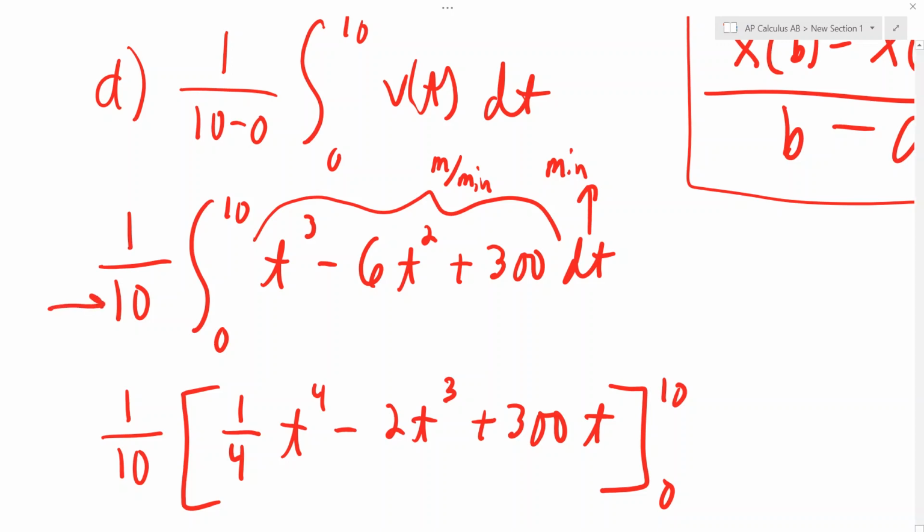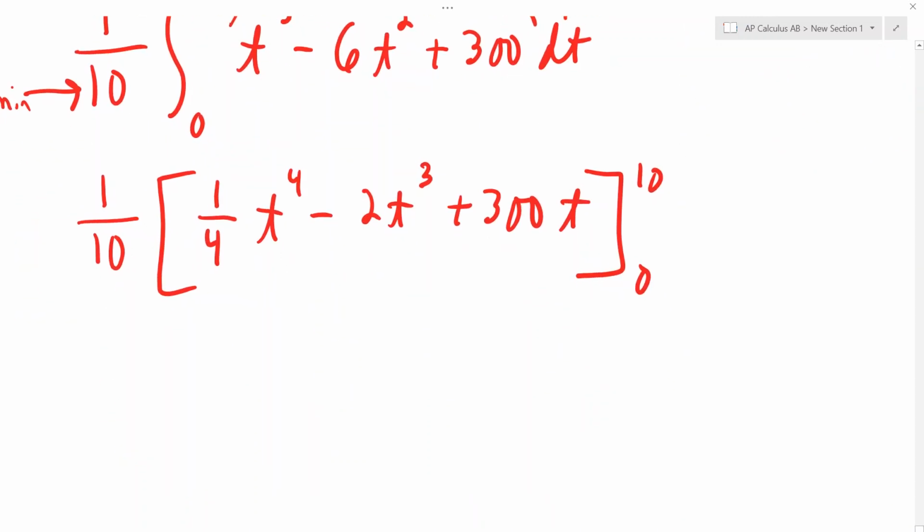But what are the units on this 10 out here? Minutes. So we have meters times 1 over minutes, which is meters per minute, which is a velocity. Make sense? A lot of times kids know those average value formulas and the average rate of change formulas. They know them and they use the wrong function. Think about your units and what you should be putting in there.